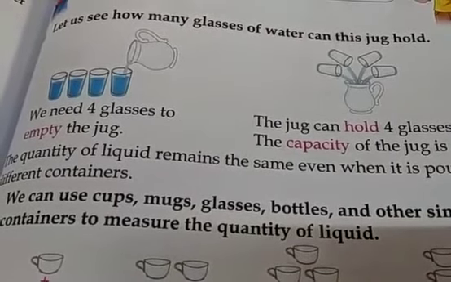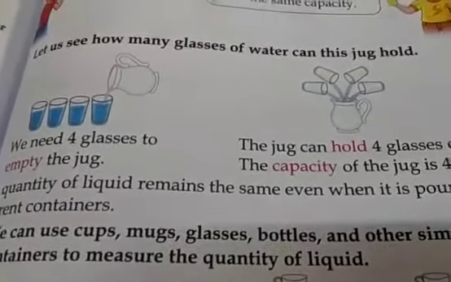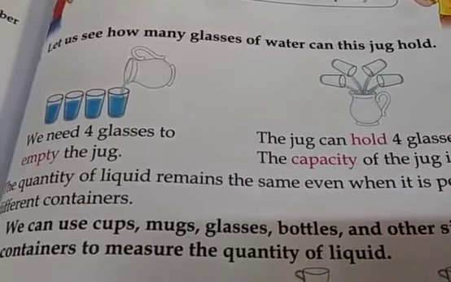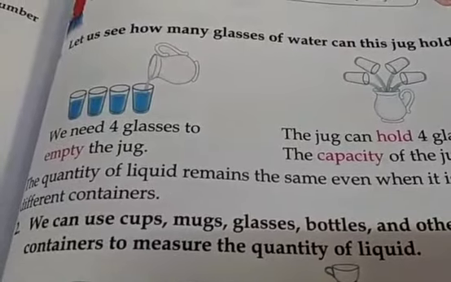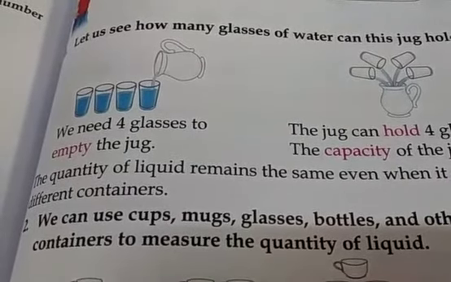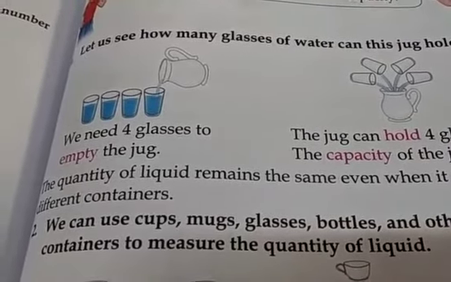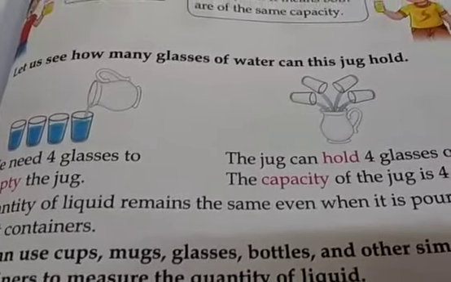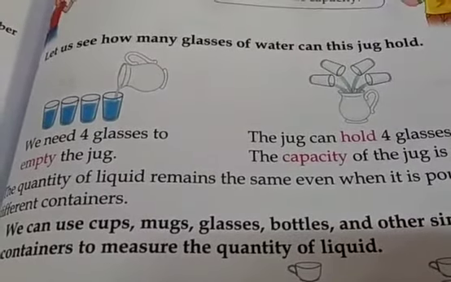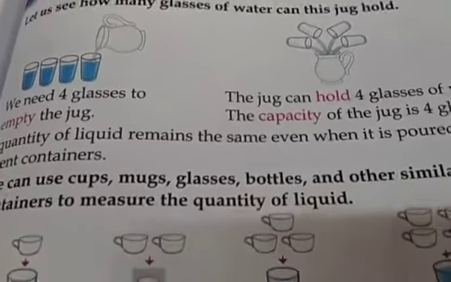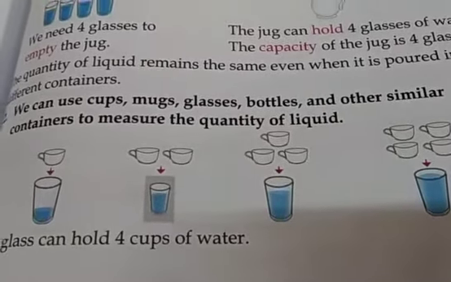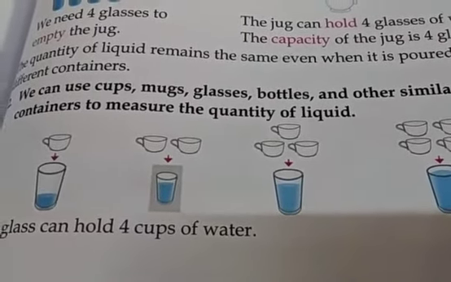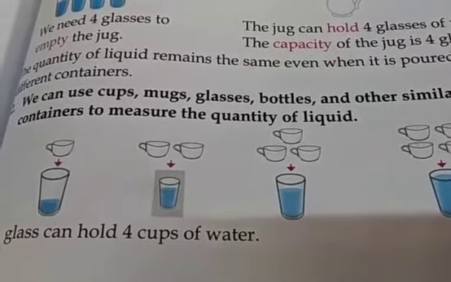The amount of liquid a container can hold is called its capacity. Spoons, cups, glasses, bowls and mugs are the non-standard units of measuring capacity. Why I am saying non-standard is because there is no exact measurement. So we are telling it is non-standard.